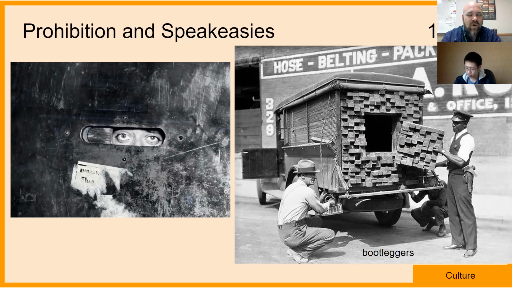So reason it failed, number one, is these exceptions. Reason it failed, number two, is that alcohol is super easy to make at home. Like everyone can make it. In fact, people accidentally make it all the time. Right?